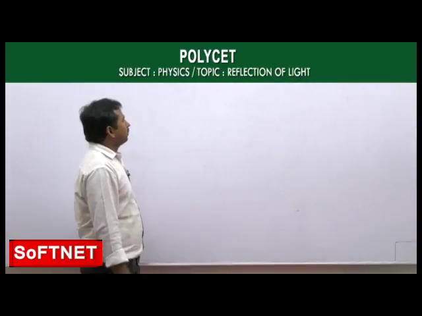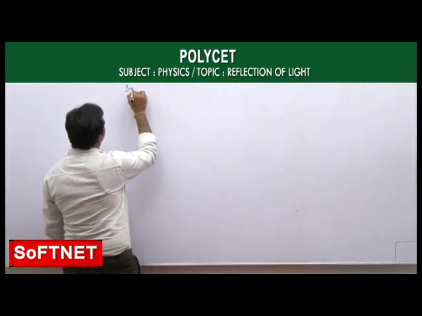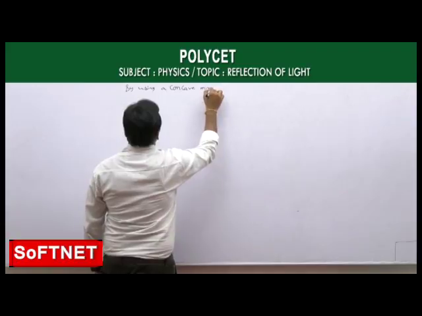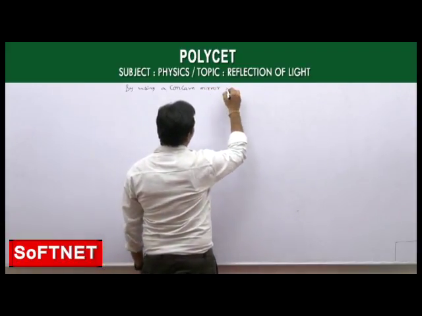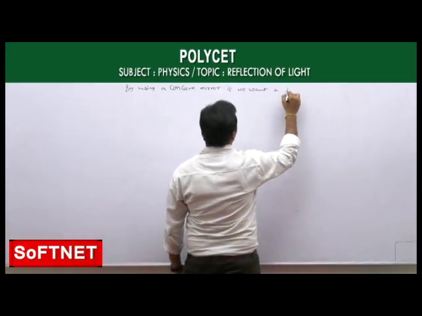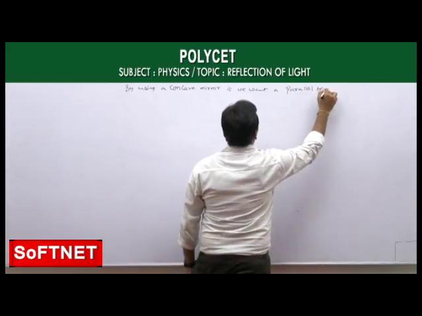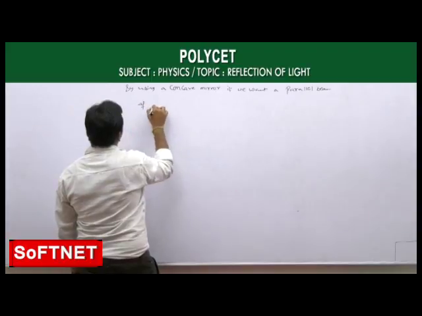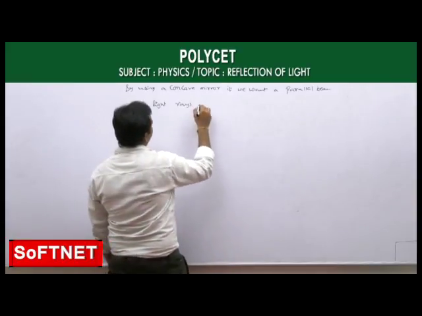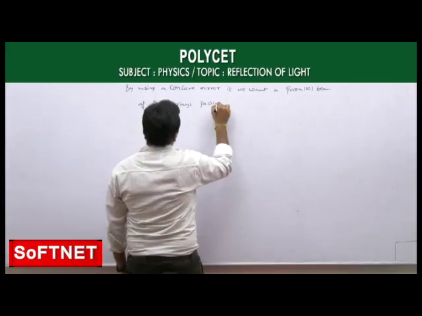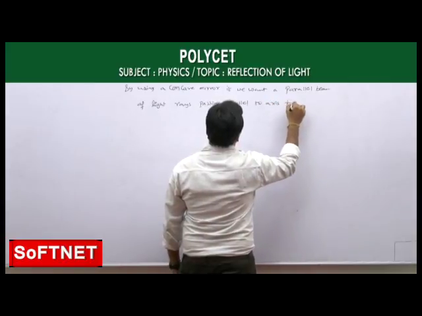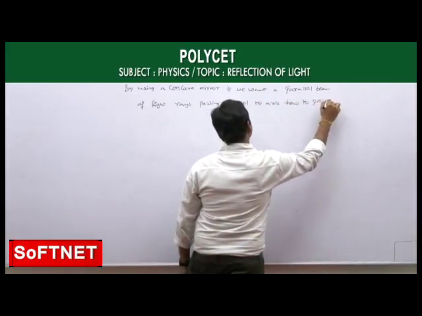Now we will see, for suppose by using a concave mirror, if we want a parallel beam of light rays passing parallel to the principal axis, how to project the light rays?